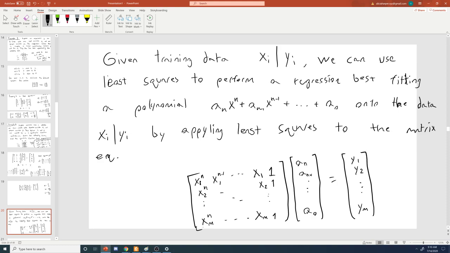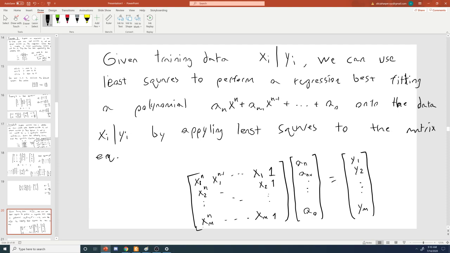So not only does this cover the notion of linear regression that you would learn in statistics, or least squares linear regression, it also covers the notion of fitting a given set of data with a polynomial of an arbitrary degree. So this is the power of the least squares method.